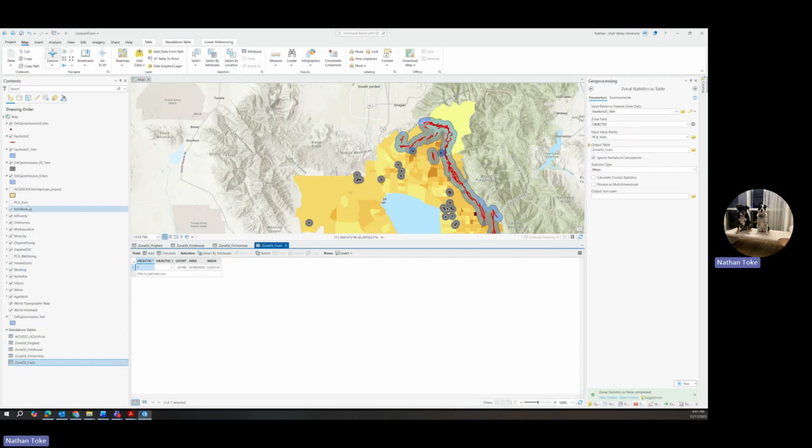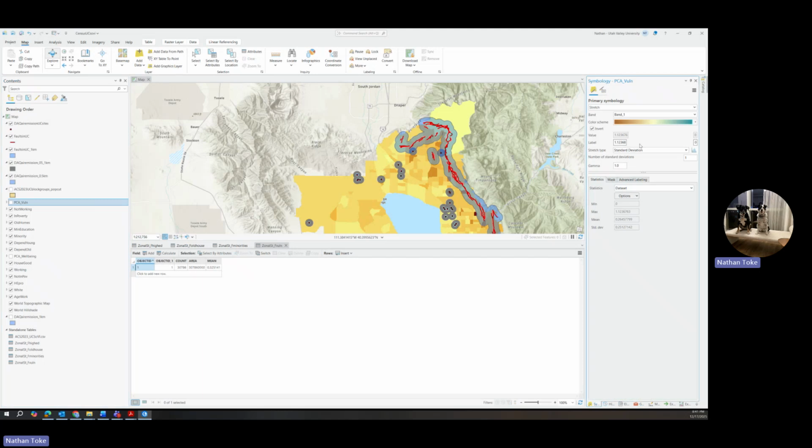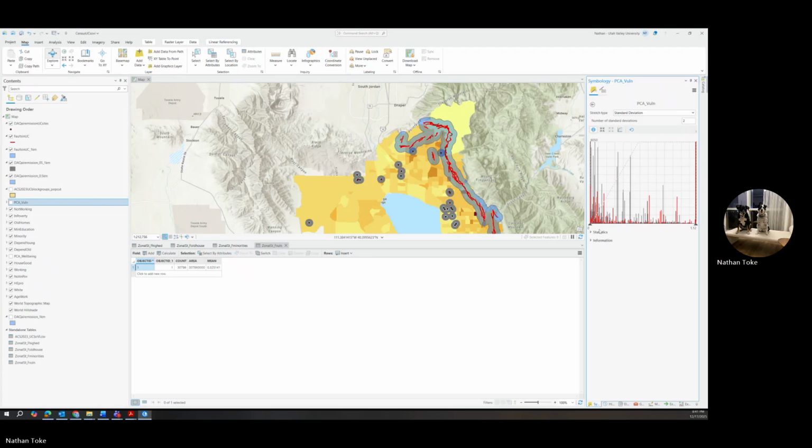And if we look at PCA vulnerability and go to symbology and the histogram, statistics, 0.26.